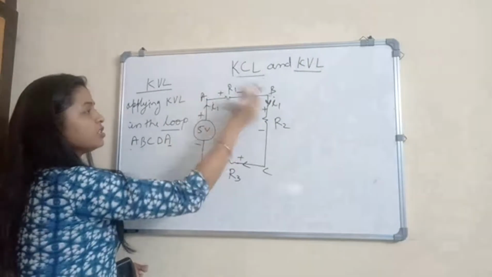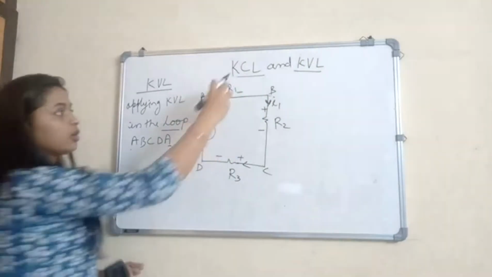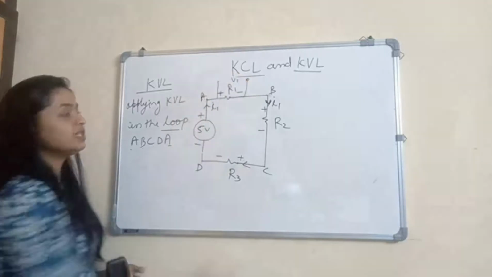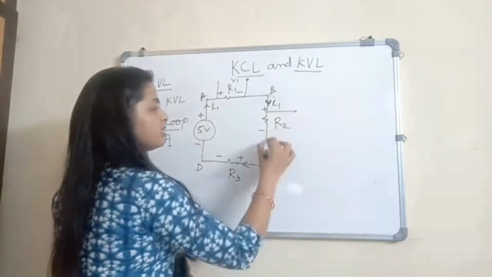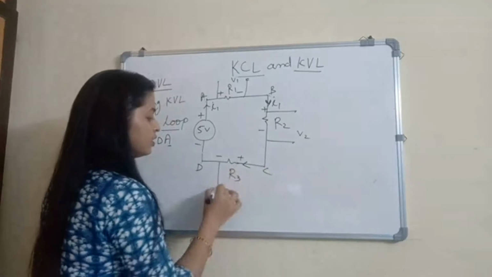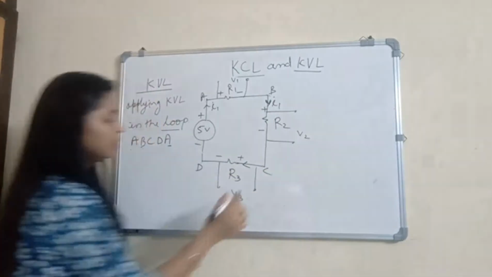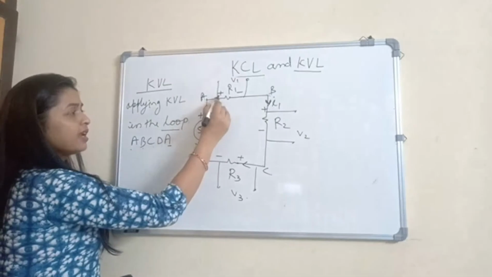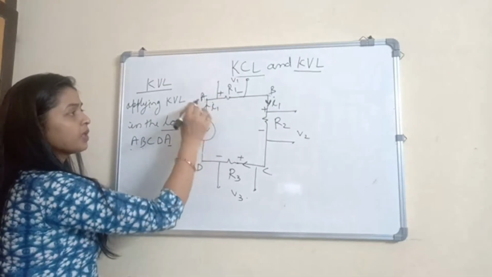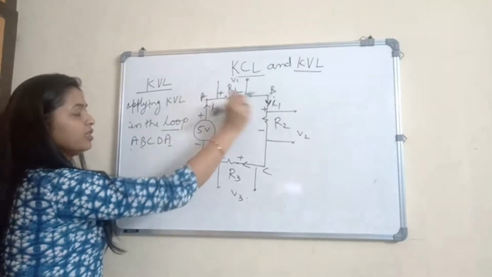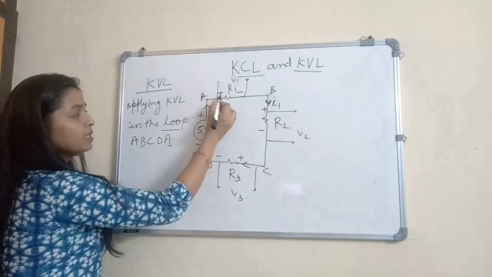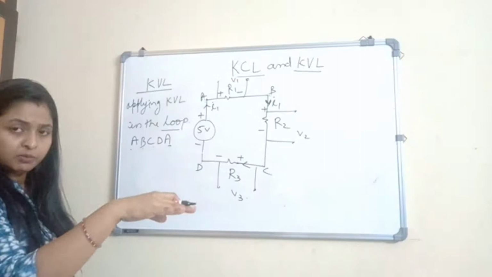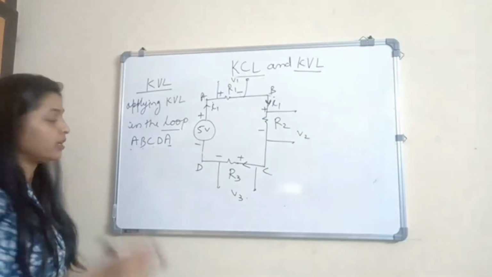We can see the AB branch consists of only one resistor. So the drop across this resistor is V1. Let's say the drop across this is V2, and the drop across this is V3. If I start from this, my current is entering into plus and leaving from minus, and I'm applying Kirchhoff's voltage law in this direction only. So when my voltage is dropping from plus to minus, voltage is reducing, it means I need to take that drop as negative.